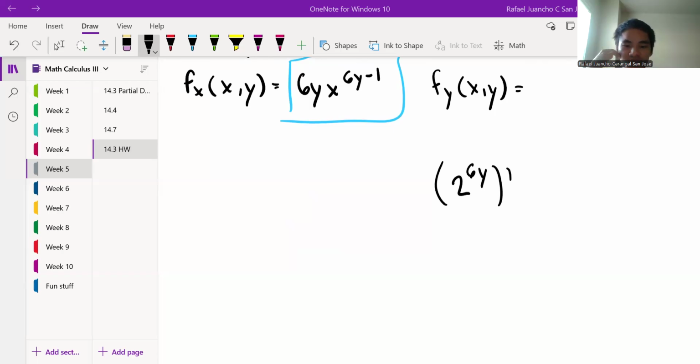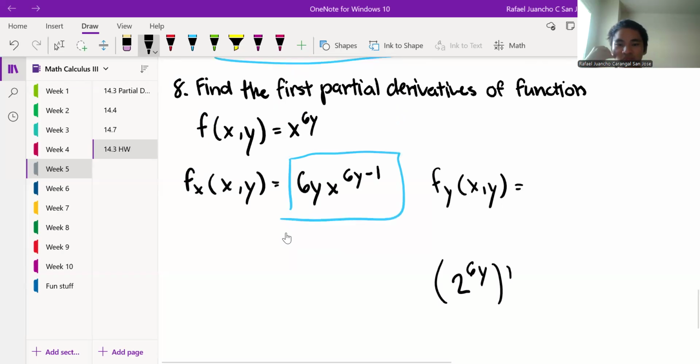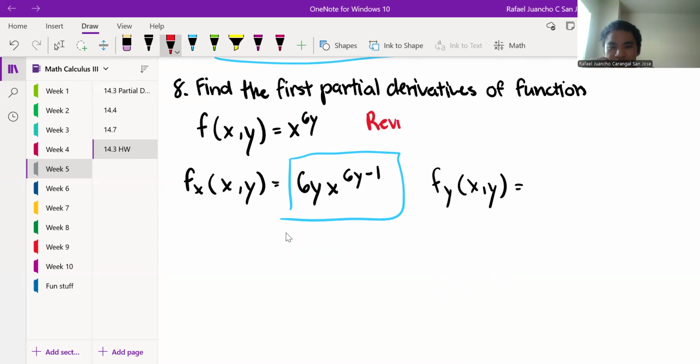Okay, this is just a brief review. Let's say we have 2 to the y. We take the derivative by getting the natural log of 2, and we multiply that to 2 to the y, right? And then we do a chain rule of whatever's inside here.